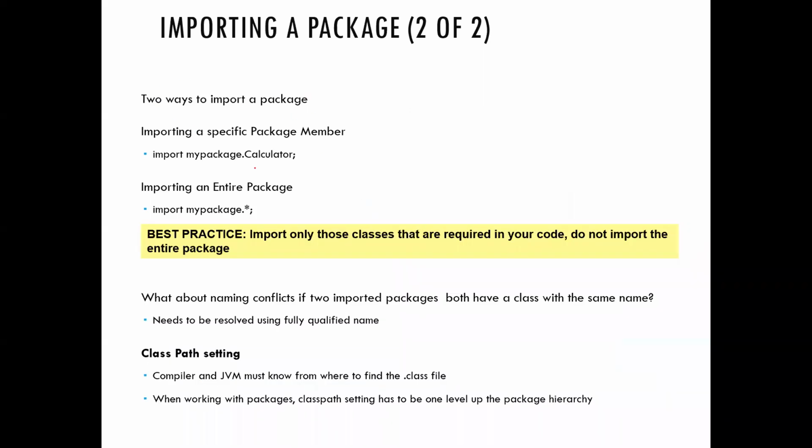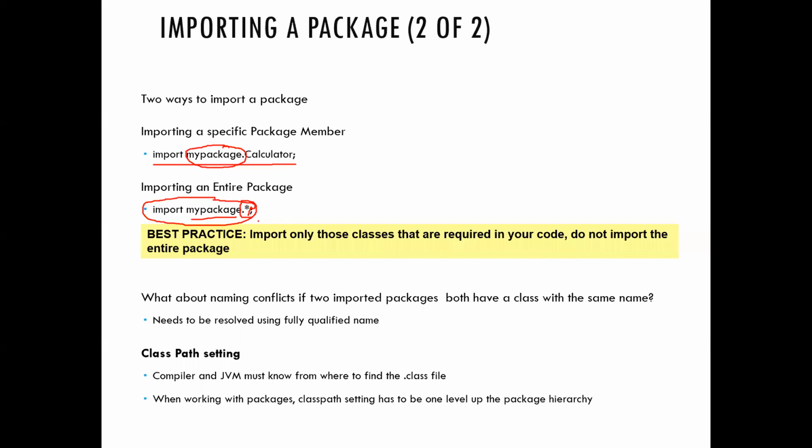Two ways to import a package. One is importing a specific package member. This is how you type it: import mypackage.calculator. That means you are importing only one particular class that might be there in this particular folder. The other thing is if you want to import everything that is there in that particular directory or package, then you put an asterisk.